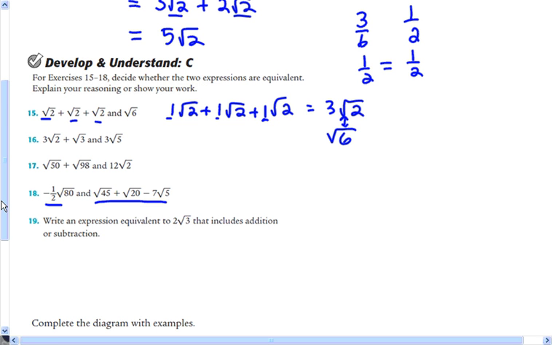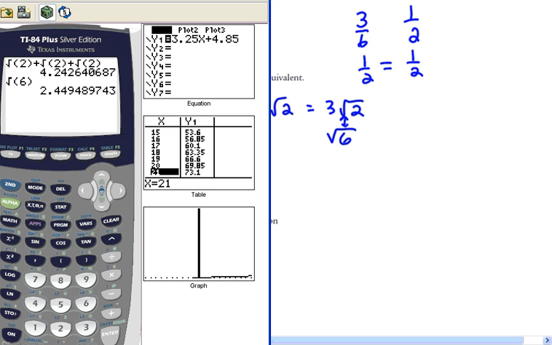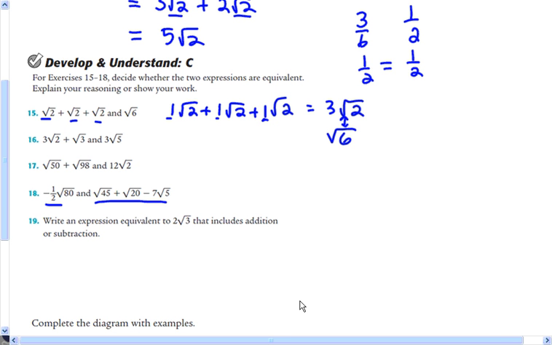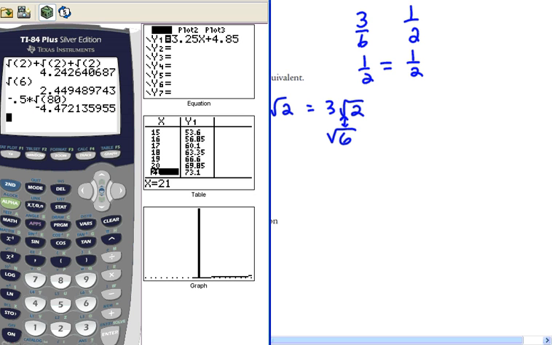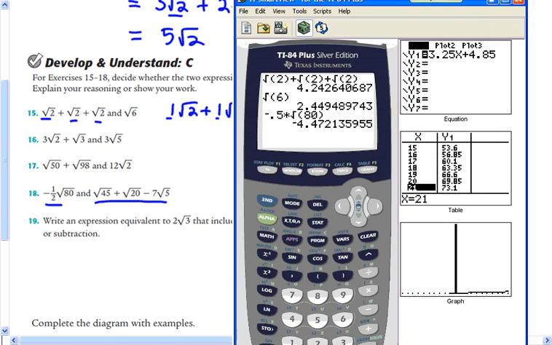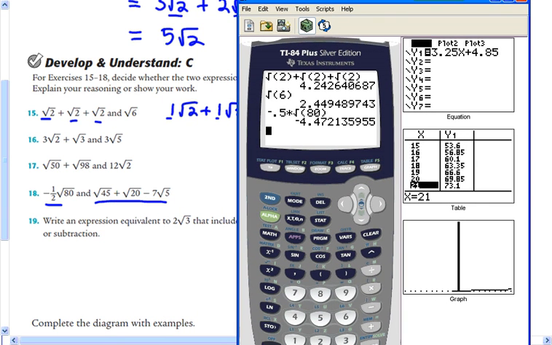Negative 1/2 times the square root of 80 first. There's that one. That's about negative 4.47. And then the other one we wanted to do was square root of 45 plus the square root of 20 minus 7 times the square root of 5.